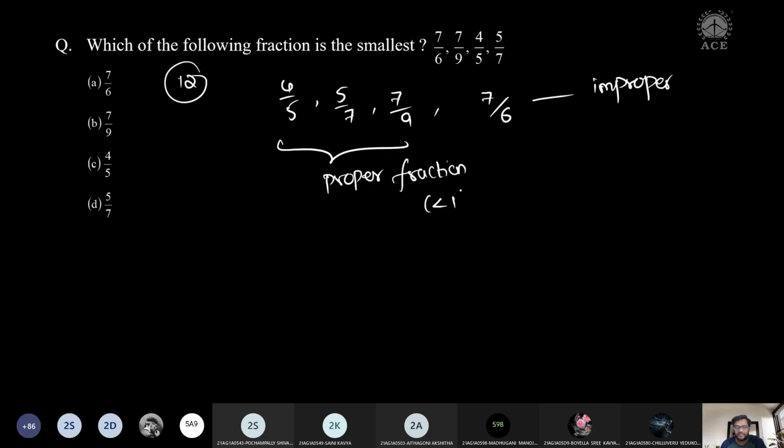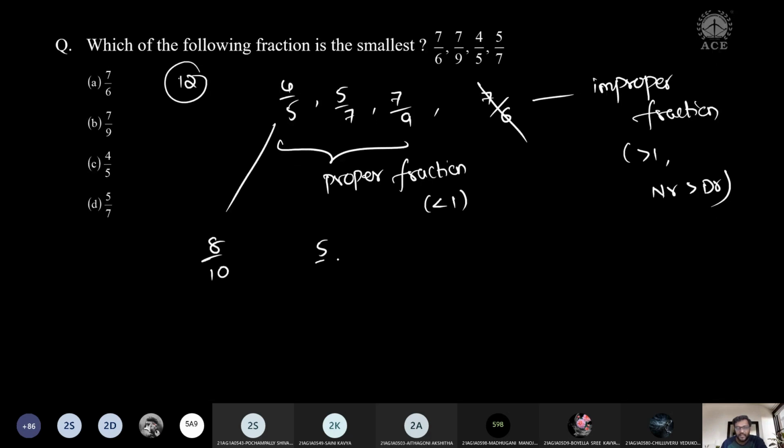This is not the smallest, you can ignore. Now here we need a common difference. So you can write this as 8 by 10, 5 by 7, 7 by 9. The smallest numerator decides the smallest fraction: 5 by 7.